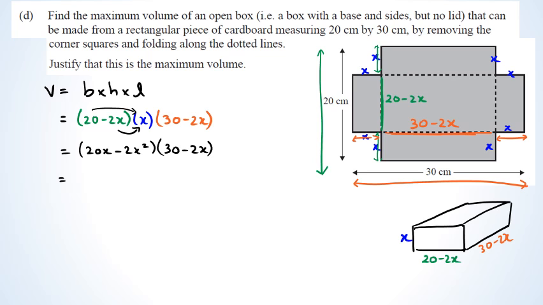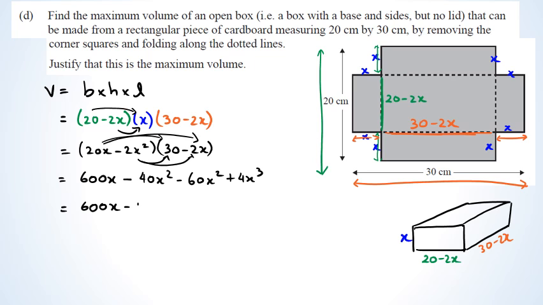So I've got a quadratic. 20x times 30 is 600x. 20x times negative 2x is minus 40x squared. Then I've got these 2, which is equal to minus 60x squared plus 4x cubed. So this simplifies to 600x minus 100x squared plus 4x cubed.